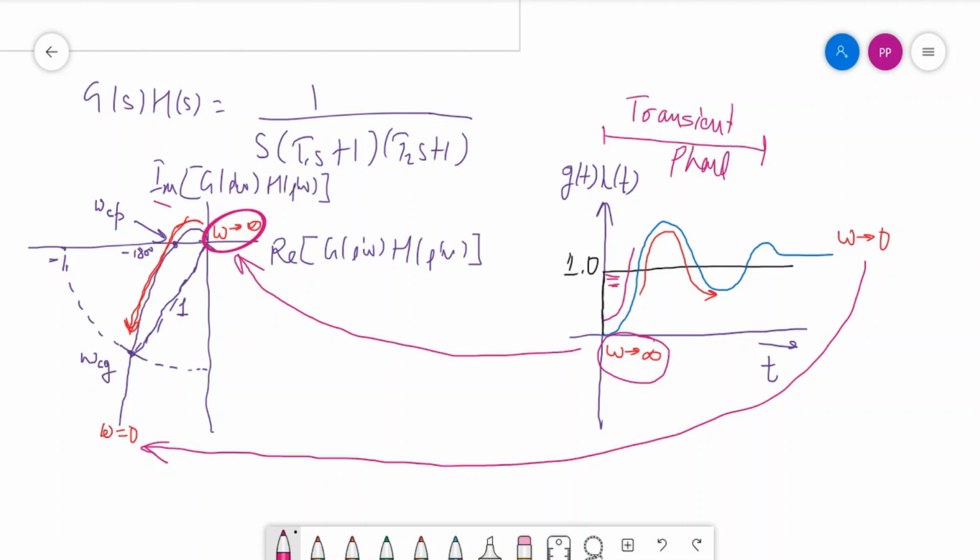So I'm saying that from here, starting up to the bandwidth of the system, this is the transient phase of the system. So we need to study the range very carefully. For that, the parameters we need to analyze are like this.